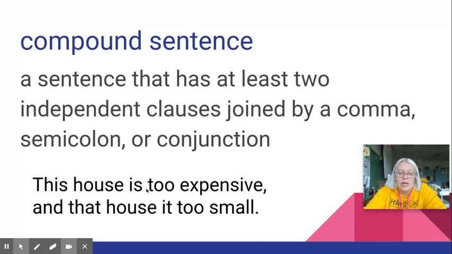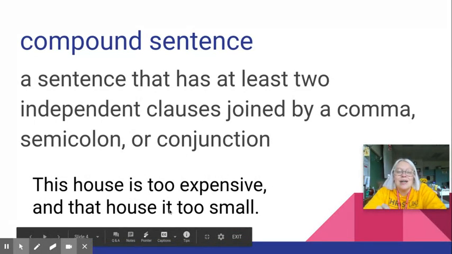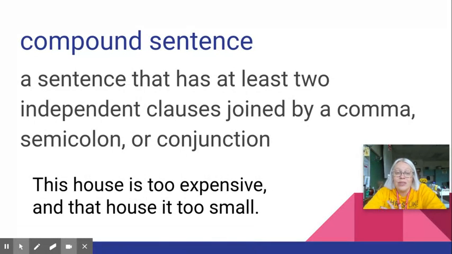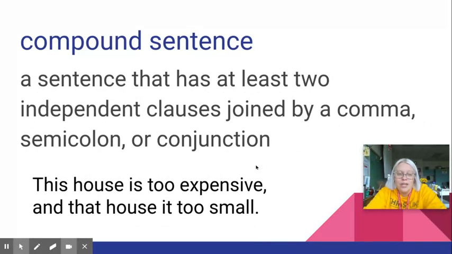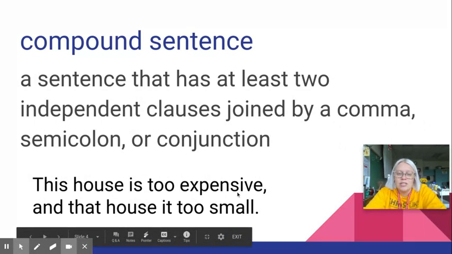I know I made a typo right here, but this sentence has two independent clauses, two independent thoughts, basically. This house is too expensive. I can end that with a period right there, but instead there's a comma, which right here, the independent clause is joined by a comma. So this house is too expensive, comma, and that house is too small.